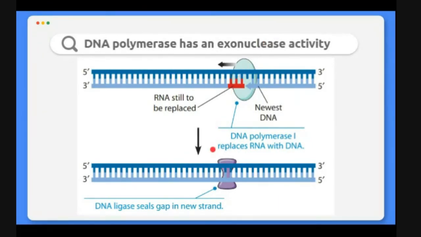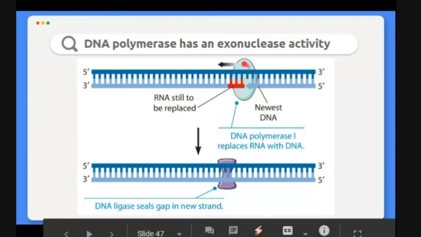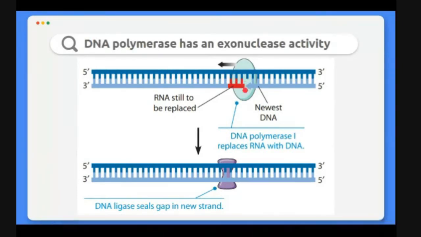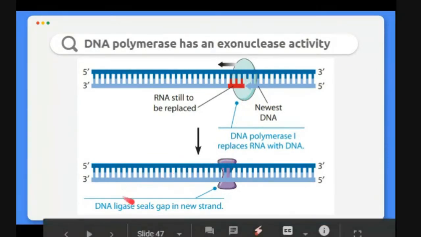Okay? So now, once your primers are removed, magkakaroon ka ng nick dito, parang hindi pa sila connected. So, yung DNA ligase mo, it seals the gap sa lagging strand, yung mga nicks.